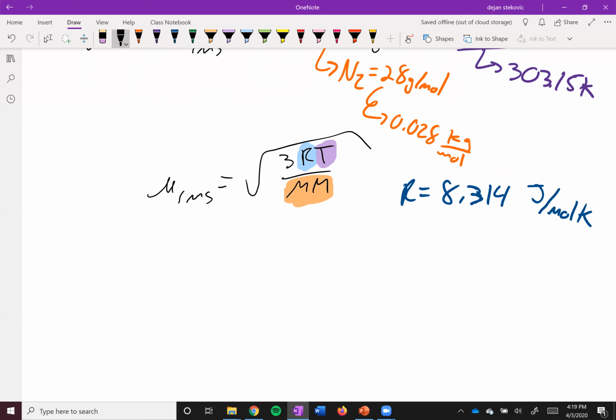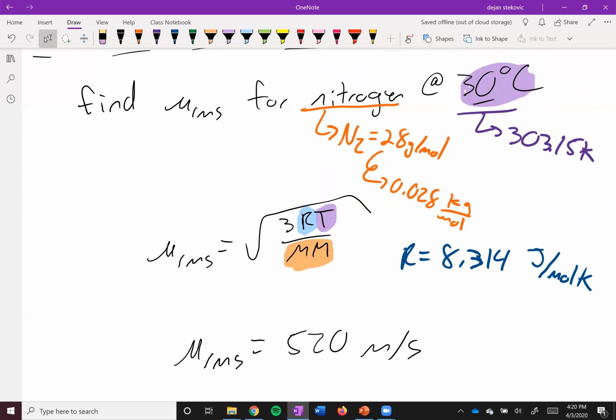If you plug and chug through that, you get 520 meters per second, which is quite fast. If you change it to miles per hour, you get about 1,100 miles per hour. So a molecule of nitrogen gas at 30 degrees Celsius, not much above room temperature, is moving about 1,000 miles per hour. Pretty cool.